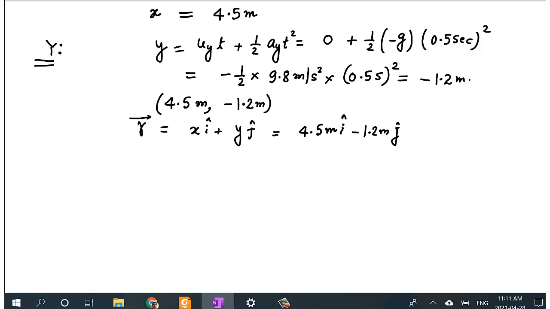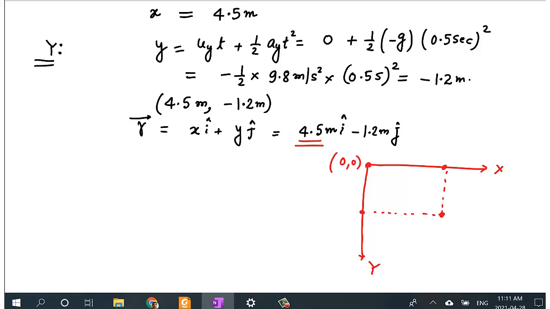Once I know the position vector, I can calculate the distance. So if you remember, I can show this thing here. This is my x coordinate, this is my y coordinate, this is the initial position of the motorcycle, and after a certain point of time, it is 4.5 meters along the x axis and 1.2 meters along the y axis.